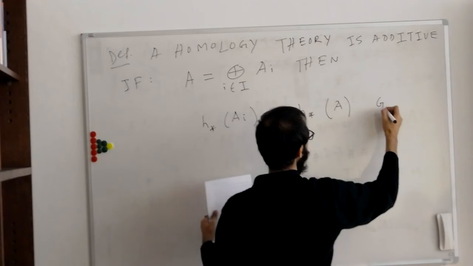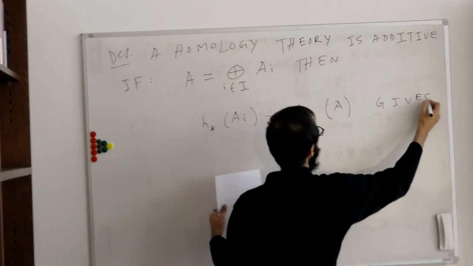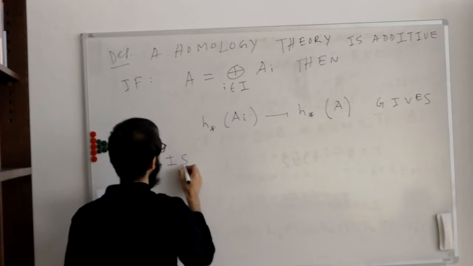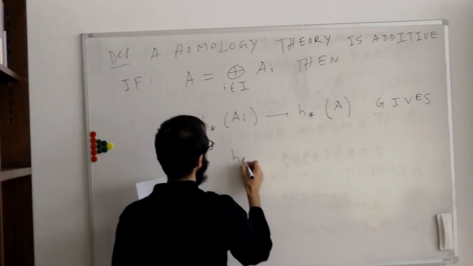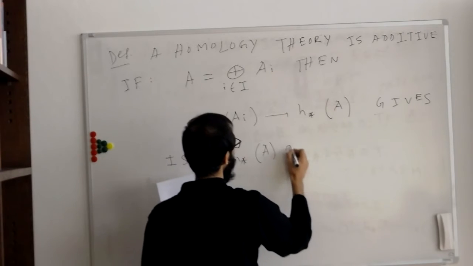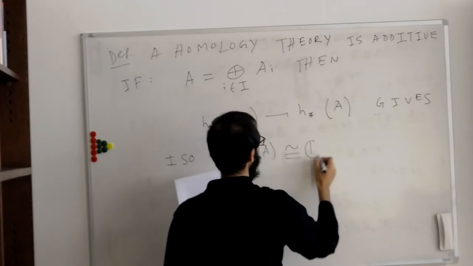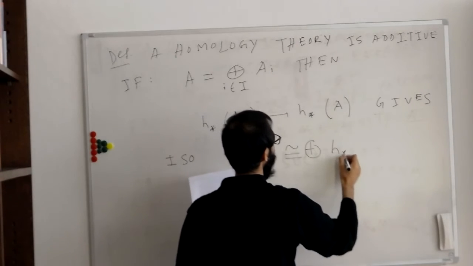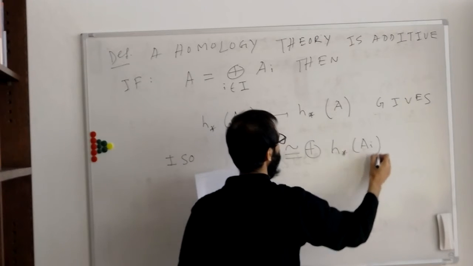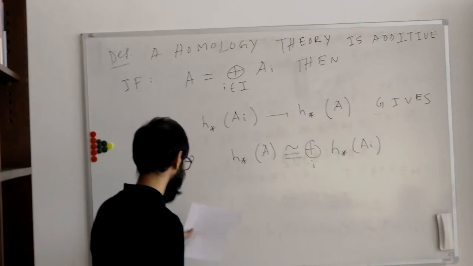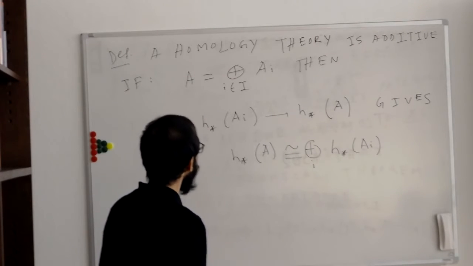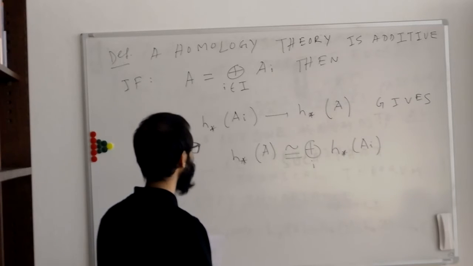These give you an isomorphism. This is called additive if, given a direct sum, H of A agrees with the direct sum.